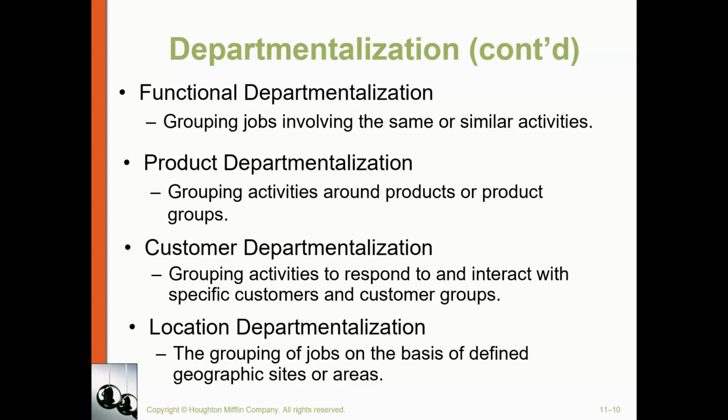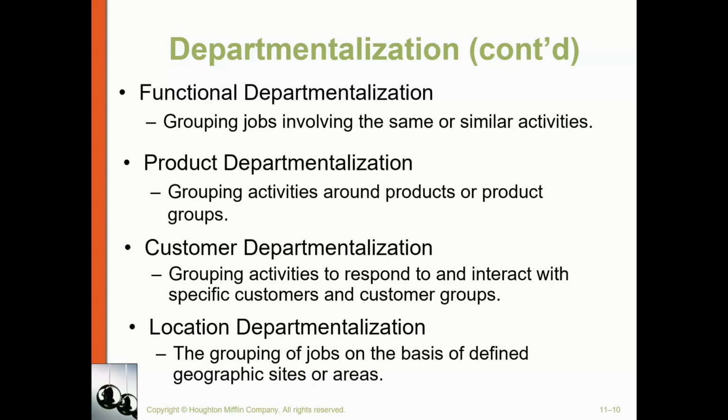Moving on to product departmentalization. This is where we group activities around the products we sell. So let's look at an example for an aerospace company. A company like Airbus might have divisions set up for their commercial aircraft, which would be the planes that you and I might take to go on a vacation, a helicopter department or division, defense, as well as space.